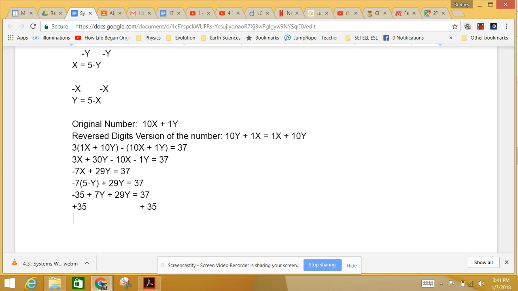And I'm going to end up with 7y plus 29y equals 37 plus 35, which is 72. I'm going to combine my like terms. 7y plus 29y is going to be 36y. That equals 72. So I'm going to divide both sides by 36.